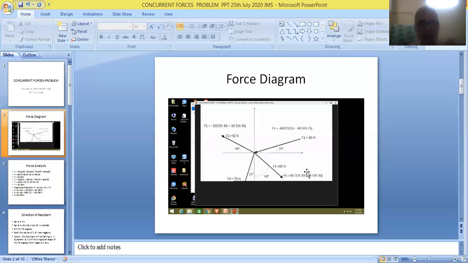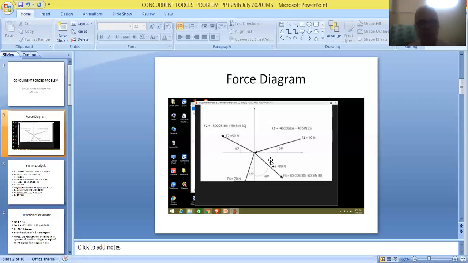That means the angle made with the horizontal only must be taken as theta. So here already it's given in the problem. So this can be taken as theta 1. And this is also an angle made with the horizontal. This can be taken as theta 2. But the angles made with vertical are given in these cases. So therefore, this angle and this angle have to be measured.